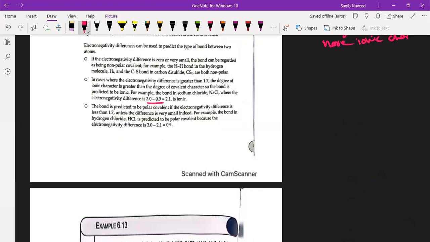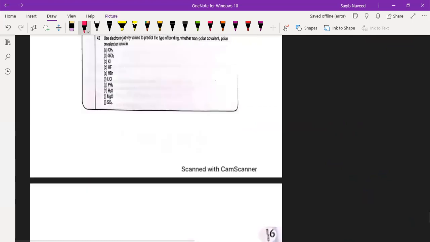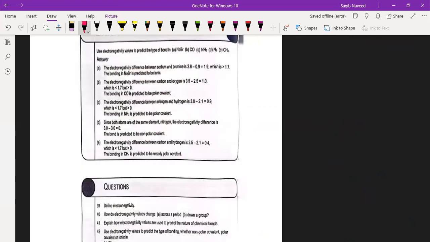Here he is doing the calculation and explaining it. You can read these later on. Here he is giving you a term. If the difference, the delta of electronegativity, is less than 1.7, the bond is covalent.